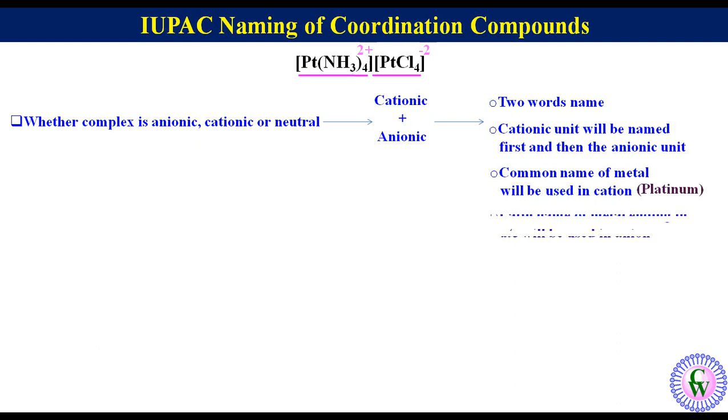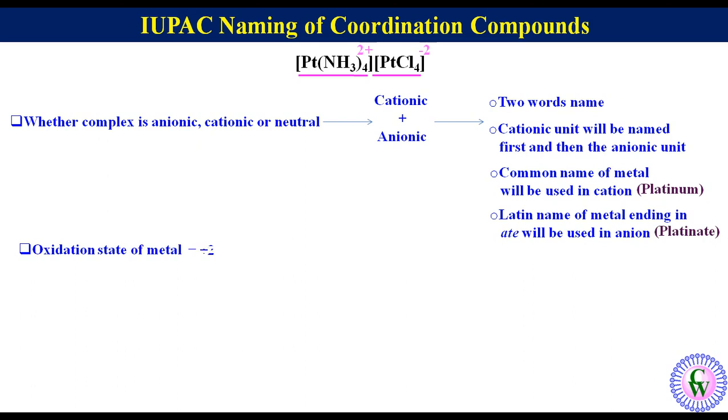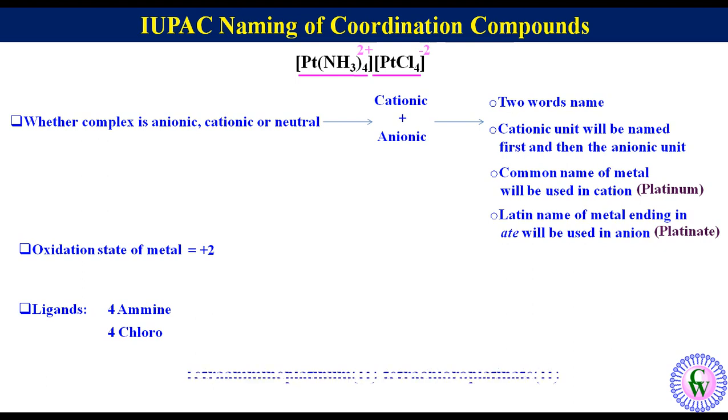The Latin name of the metal ending in -ate will be used in the anionic unit, which is platinate in this case. The oxidation state of the metal is +2. Ligands, there are 4 ammine and 4 chloro ligands. So the IUPAC name of this compound will be tetraammineplatinum(II) tetrachloroplatinate(II).